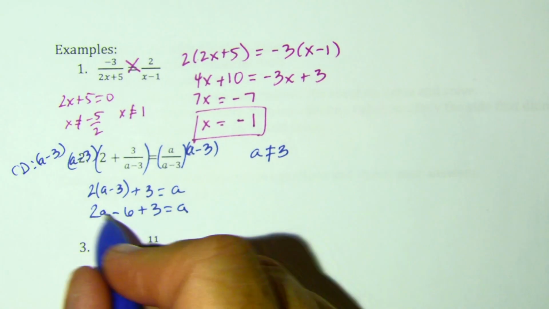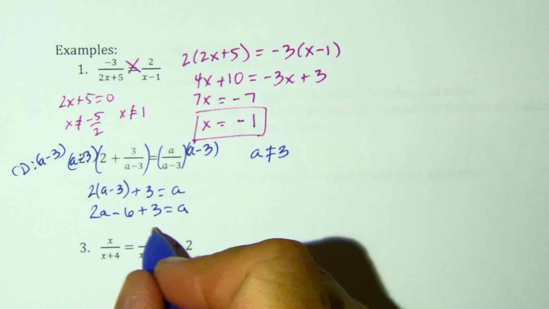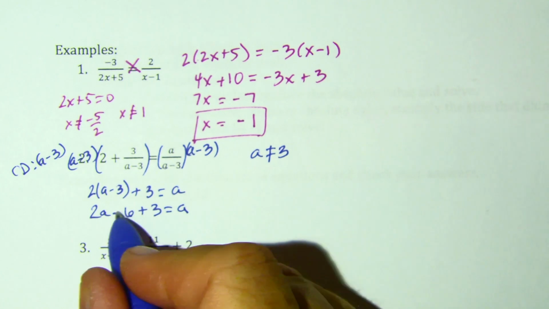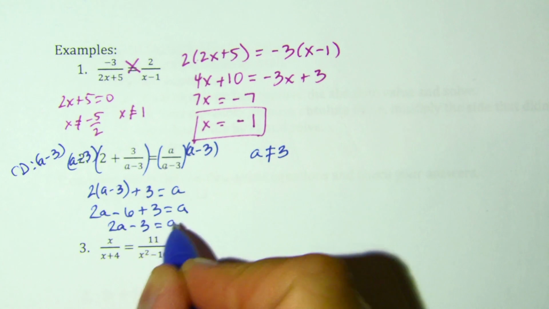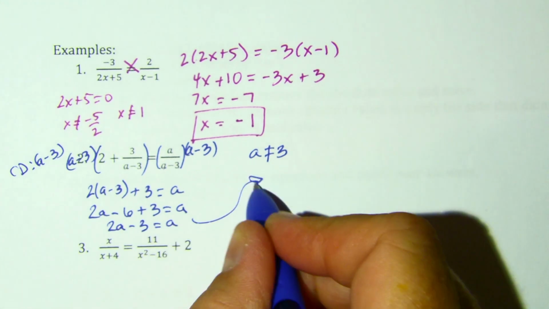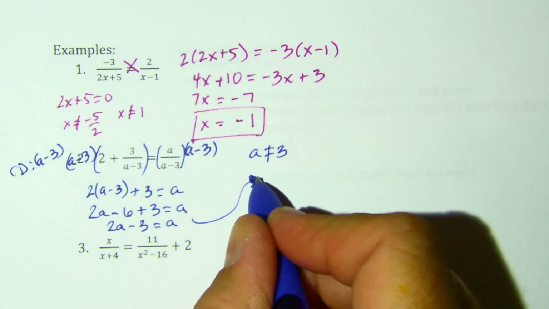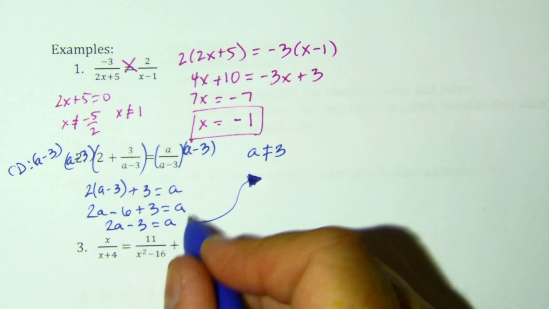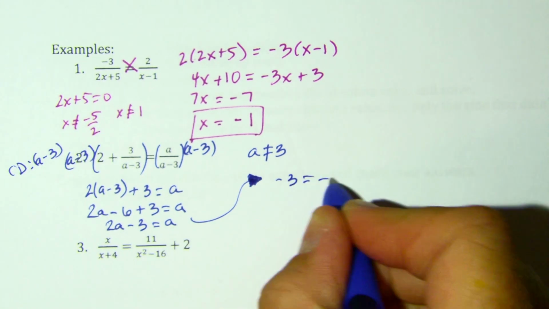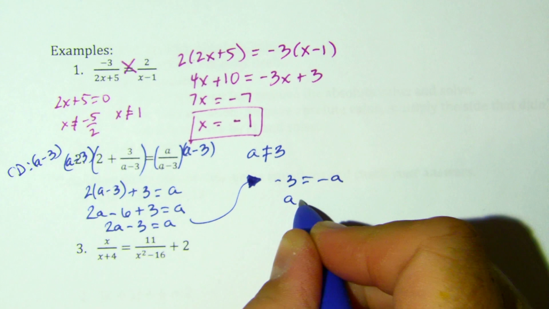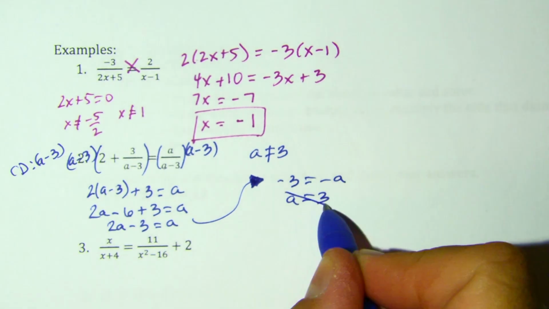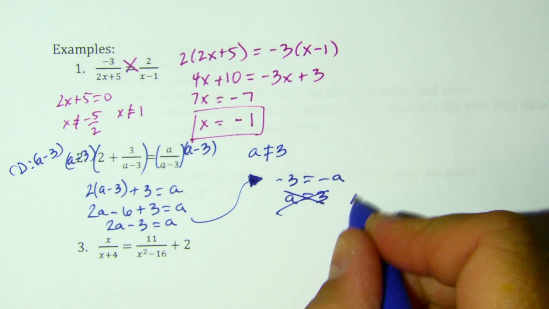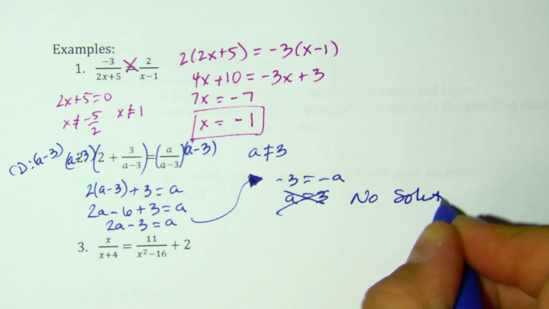And I can go ahead and get all our variables on one side and numbers on the other. So negative 6 plus 3, 2a minus 3 equals a. Subtracting this over, I'll have negative 3 equals negative a, so a equals 3. Well, that's the problem. a cannot equal 3. So since it can't equal that, we have no solutions.